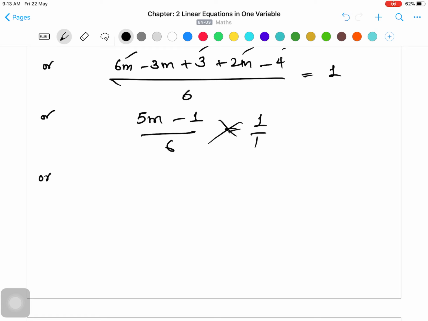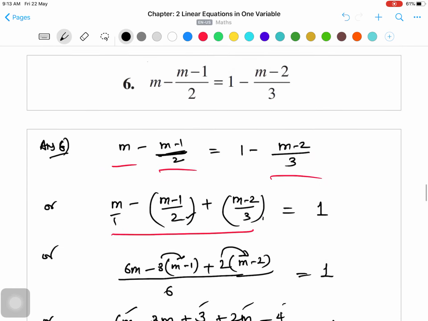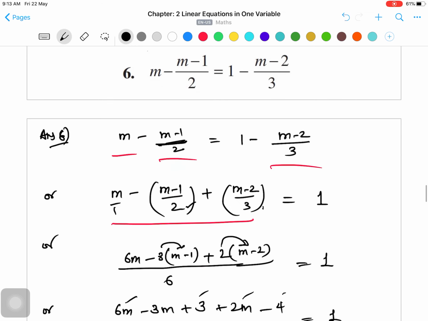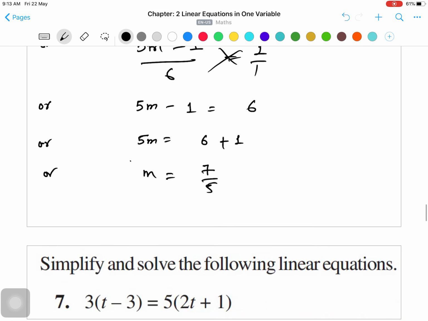So this will be 5m minus 1 equals 6, or 5m equals 6 plus 1, or m equals 7 by 5. So the answer of this equation is m equals 7 by 5. That's the solution of equation number 6.